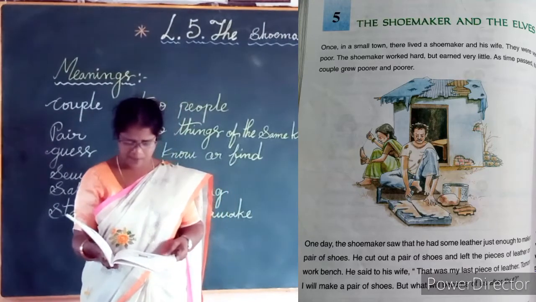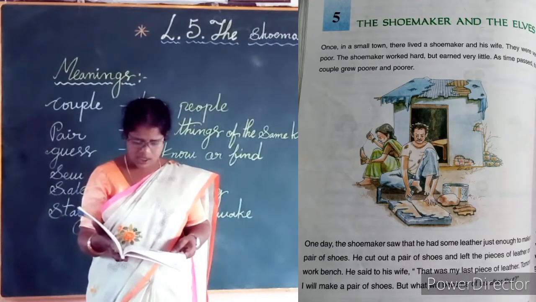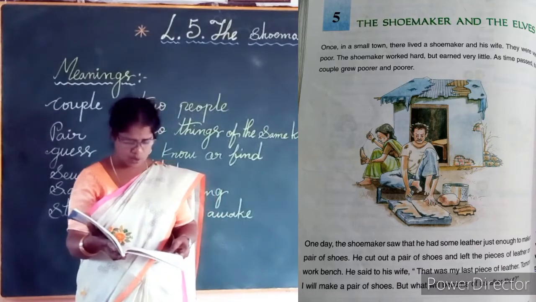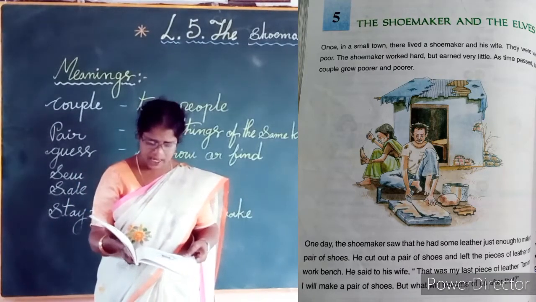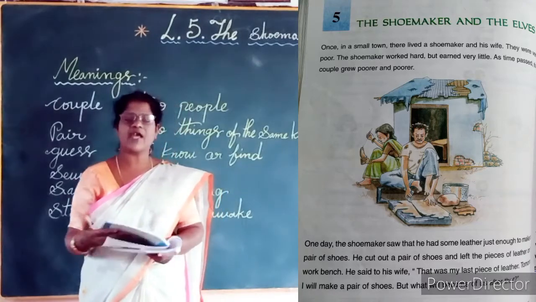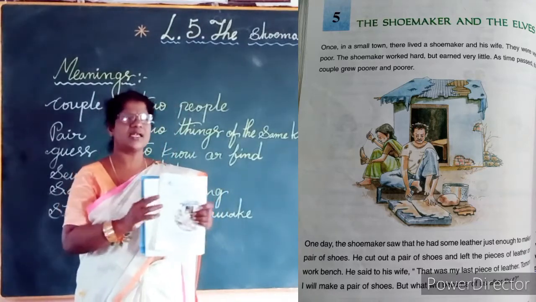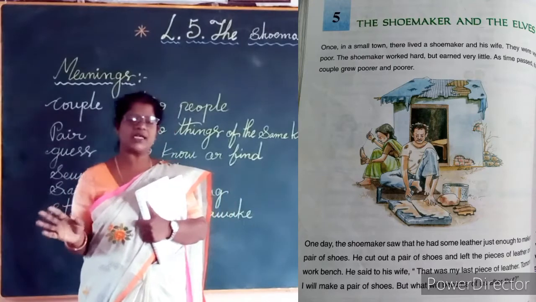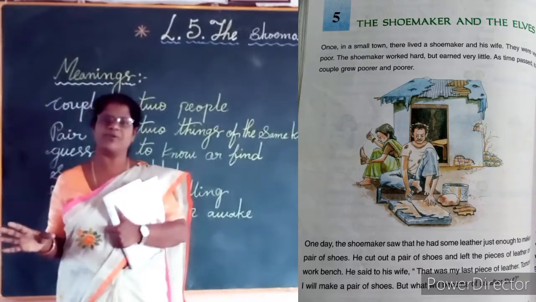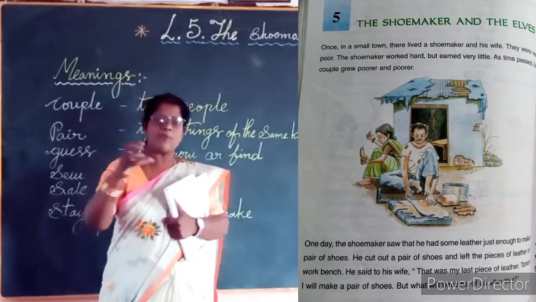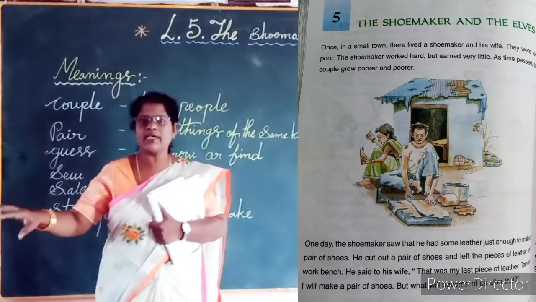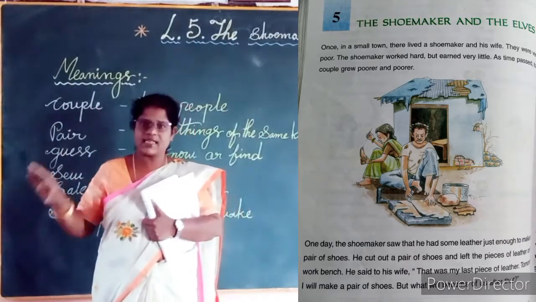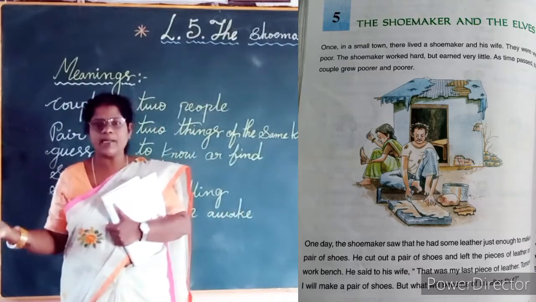He said to his wife, "That was my last piece of leather. Tomorrow I will make a pair of shoes. But what will come after that?" In every family some financial problem will be there. If we spend this money, what will we do the next day, how will we earn the next money?